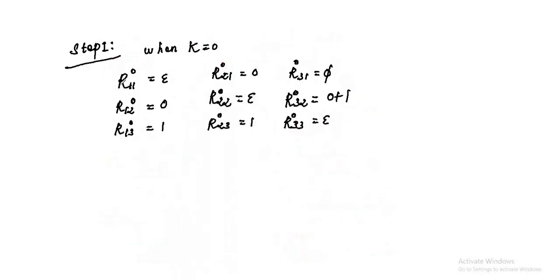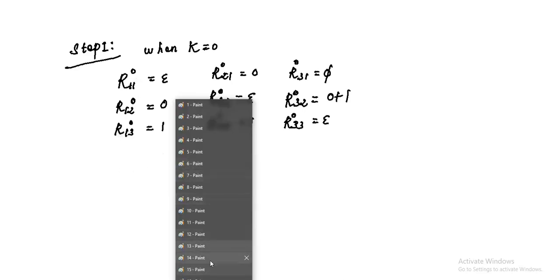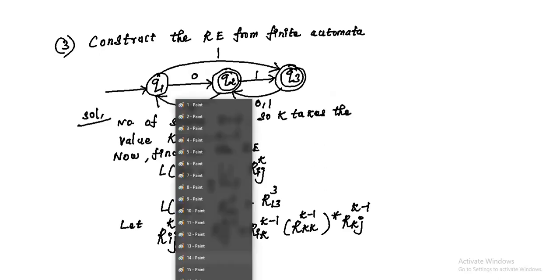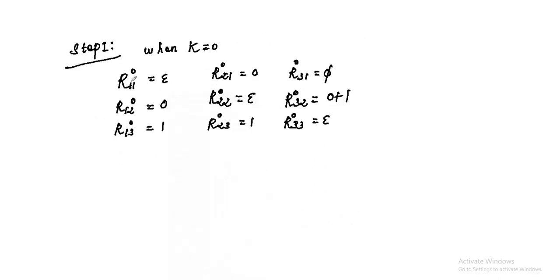So R11 raised to the power 0, how do you take the combinations here? Using the transition diagram. In this we have three states, so we take the possible combinations: R11 raised to the power 0, R12 raised to the power 0, R13 raised to the power 0, then R21 raised to the power 0, R22 raised to the power 0, R23 raised to the power 0, then R31 raised to the power 0, R32 raised to the power 0, R33. So the first combination is R11 raised to the power 0.